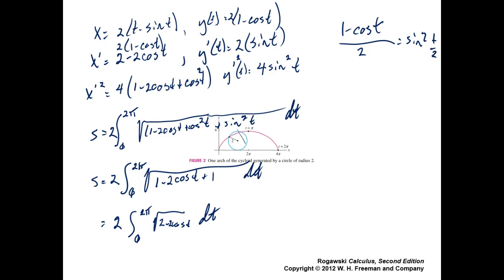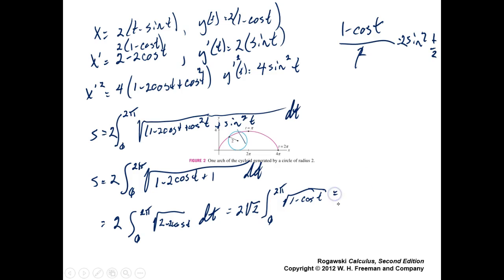So let's do that. So we'll factor out a root 2. So this will be 2 root 2 integral from 0 to 2 pi of the square root of 1 minus cosine t. Now, according to this, 1 minus cosine t is 2 times the sine squared t over 2.